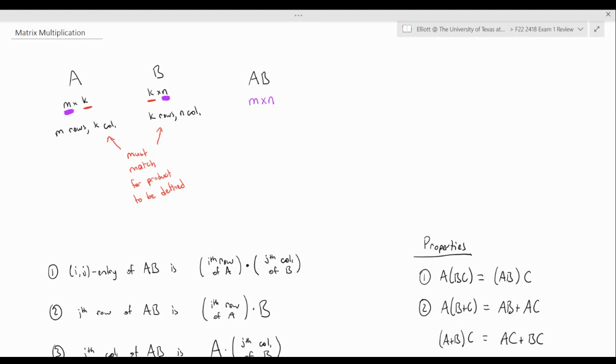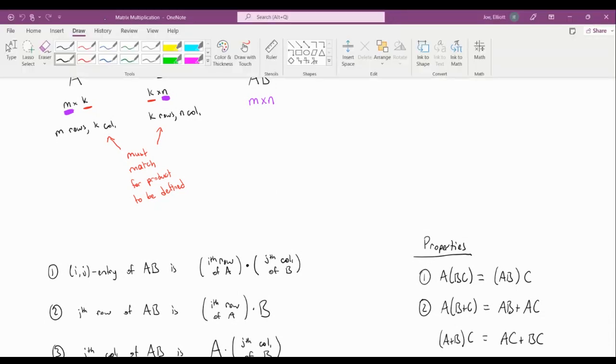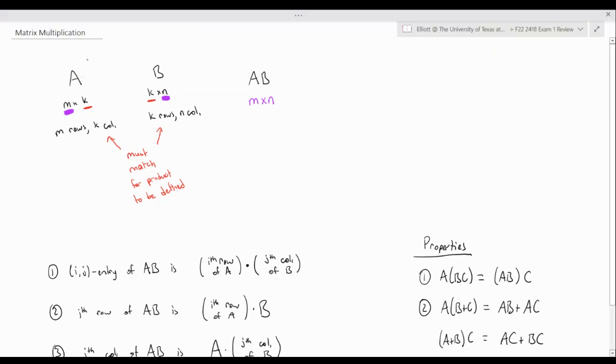That's what the notation means. And then we have another matrix B, which is size K by N. It's these numbers that have to match in order to multiply the two matrices together. So the number of columns in A would have to be the number of rows in B in order to calculate A times B.